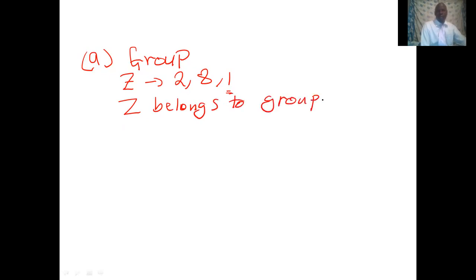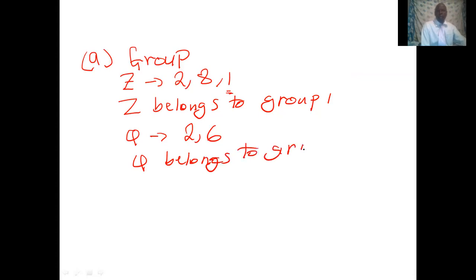And for Q, we saw that the electron configuration is 2, 6, and therefore Q belongs to group VI. We use Roman numerals, so it belongs to group 6.